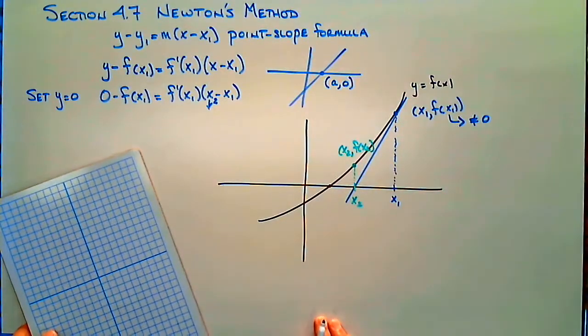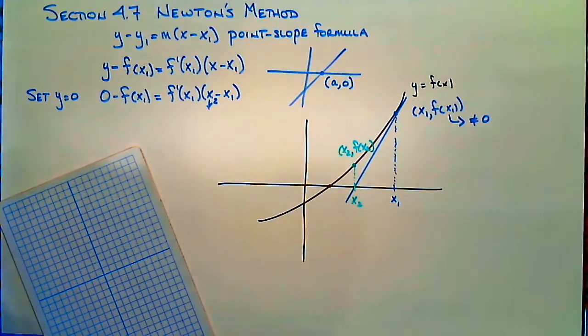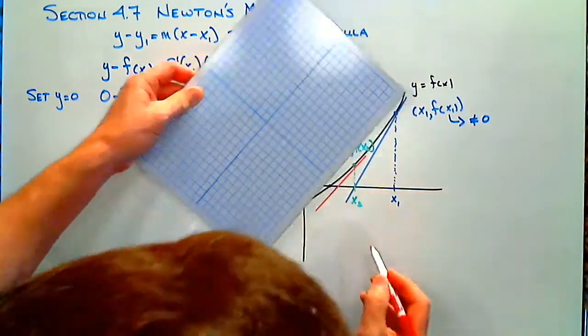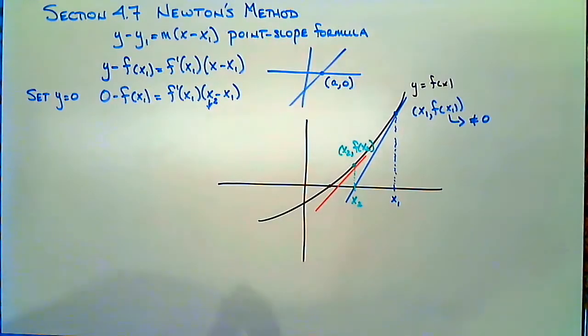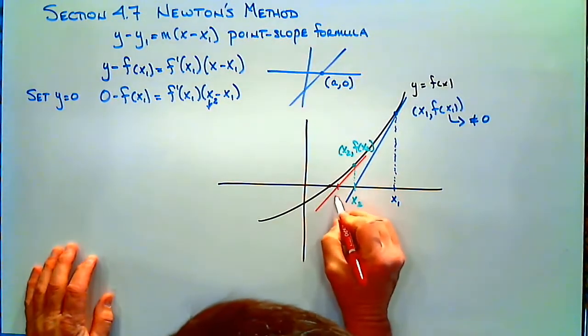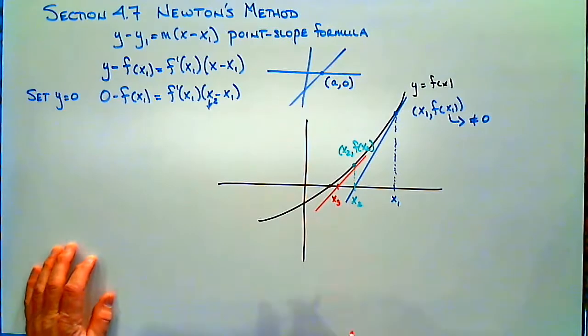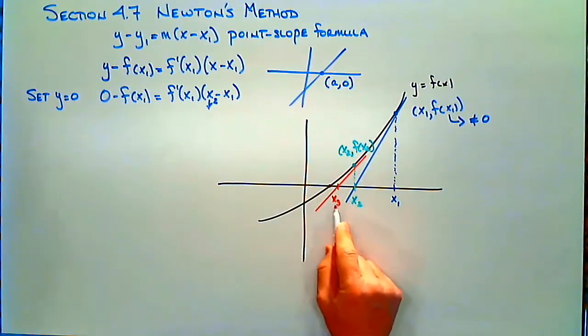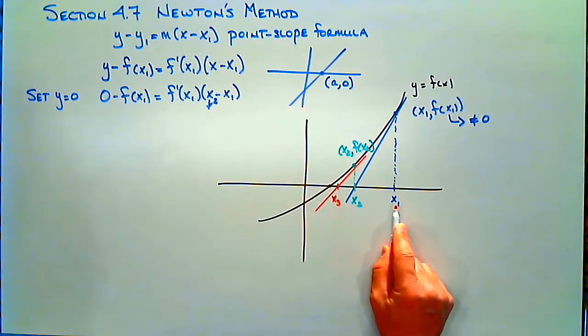If I repeat the process, and if I draw another tangent line to this curve at this point, I'll get another x-intercept. This x-intercept I'm going to call x sub 3. And it is evident by the graph that x sub 3 is closer to the root than x sub 2. X sub 3 is closer to the root than x sub 1.